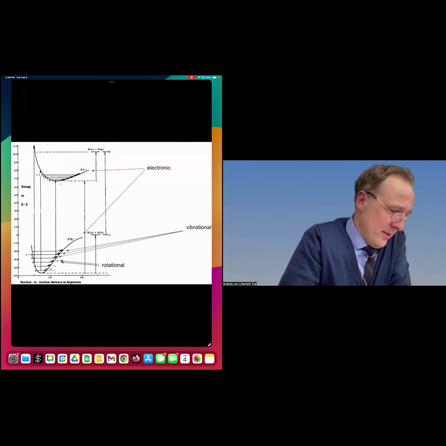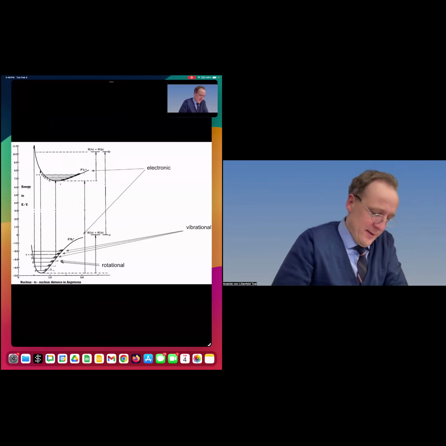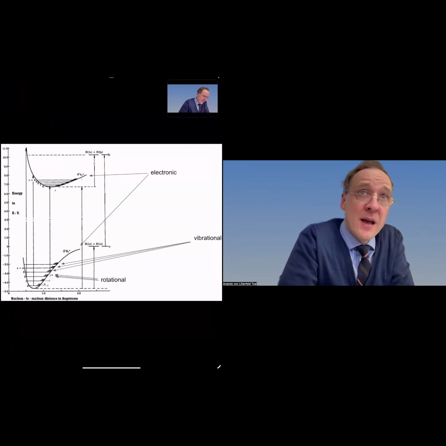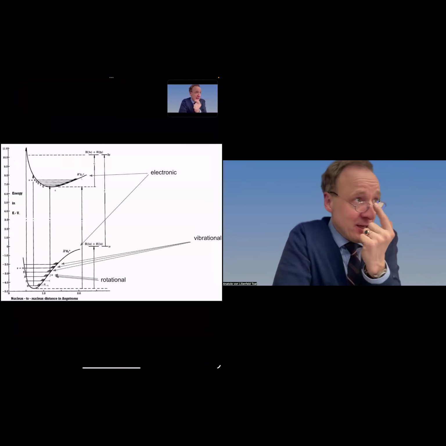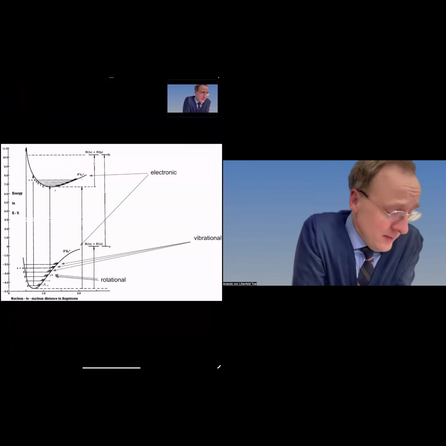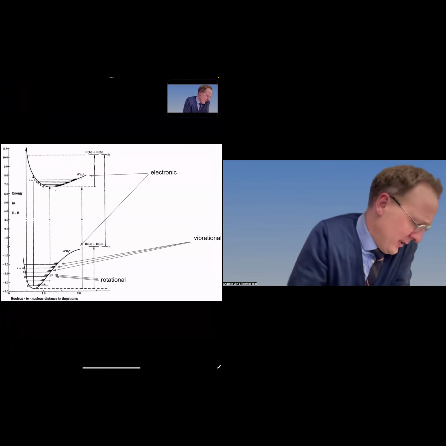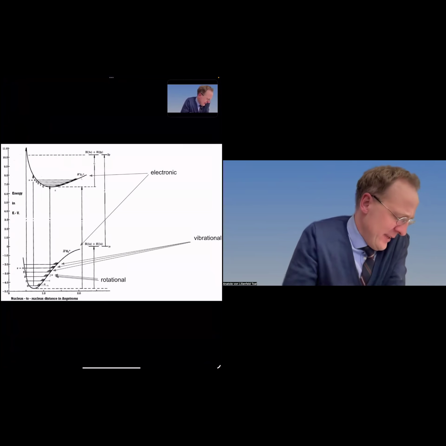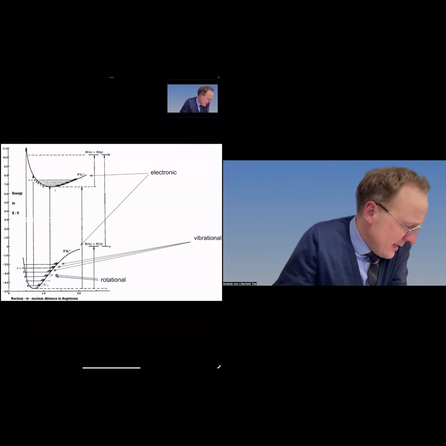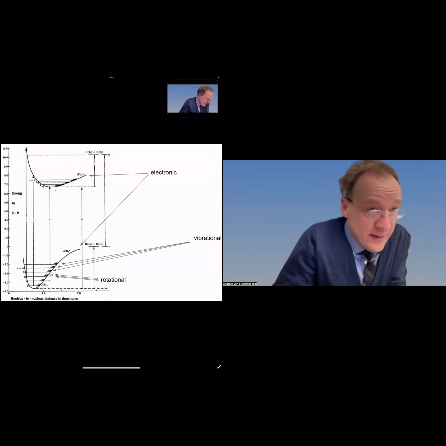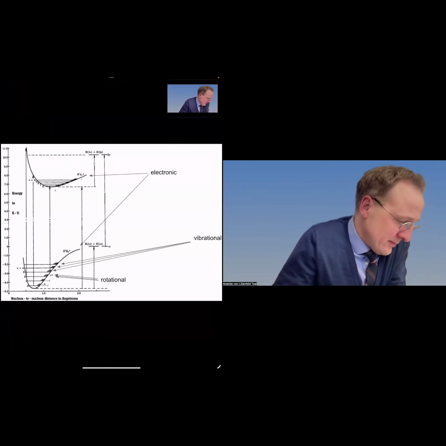This is this figure here, where you see on the y-axis the energy of the H2 molecule. And on the x-axis, you see the nucleus-nucleus distance. This energy is measured in electron volt and the distance in angstrom.